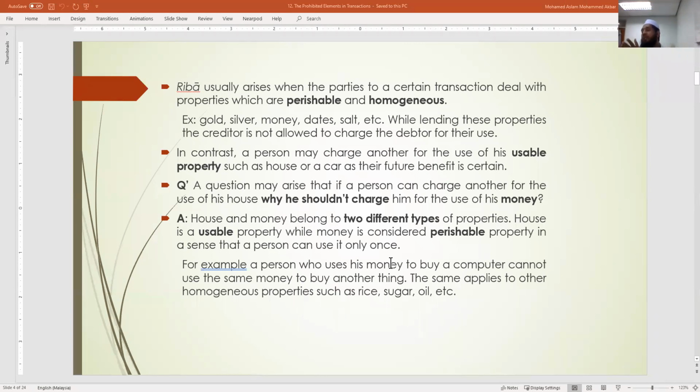You make it into small packets, like 100 grams, and you are selling to 10 different people, and then you are making money out of it. So now this is not for consumption, this is for enterprise. When it comes to enterprise, you and me become partners.